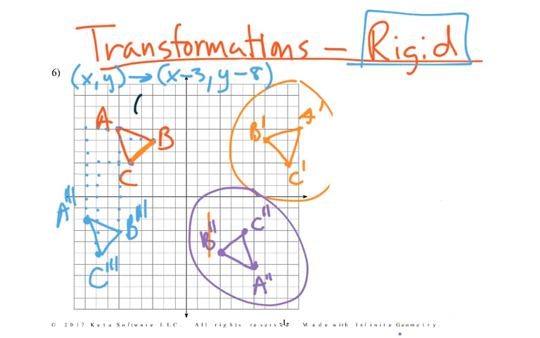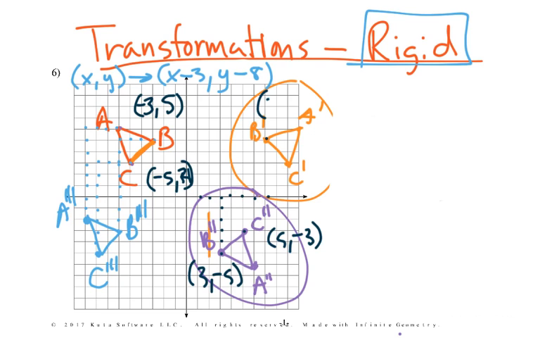So that point was -3, 5. This point was -5, 3. The B point was here, 3, -5, and C was 5, -3. Then this one, 4, 5, 6, 7, so 7, 5.